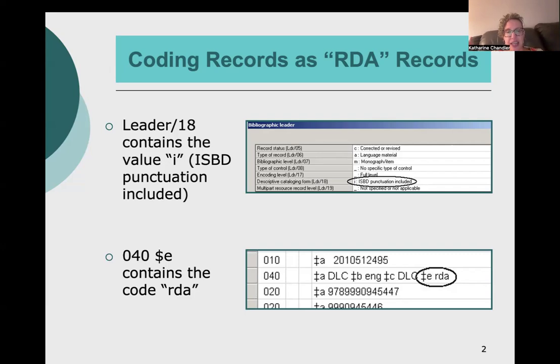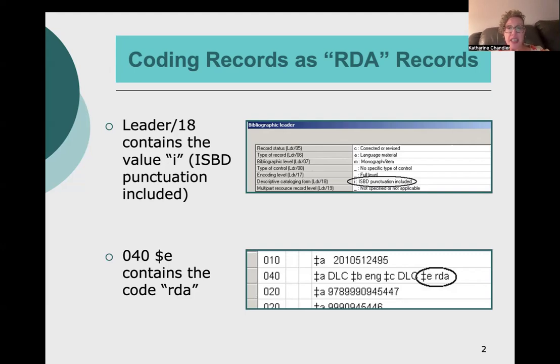It's in the leader 18 field of the form. So there will be a drop-down menu. This is not immediately obvious right now. I can't show you because we'd have to be in an actual record right now for me to be able to show you this. But there's a drop-down menu.